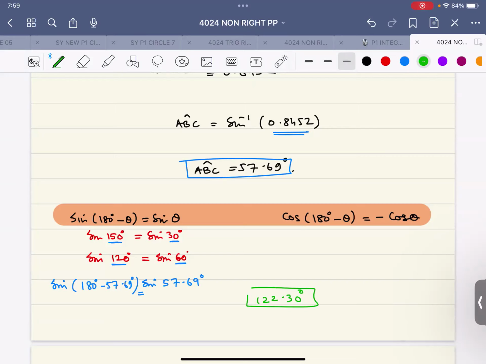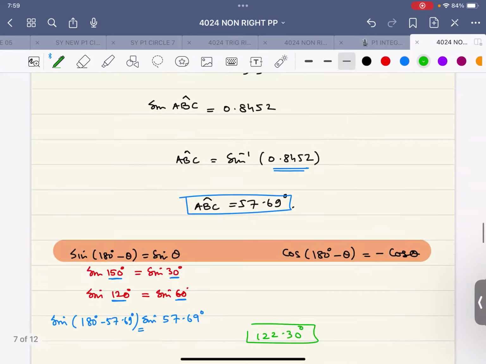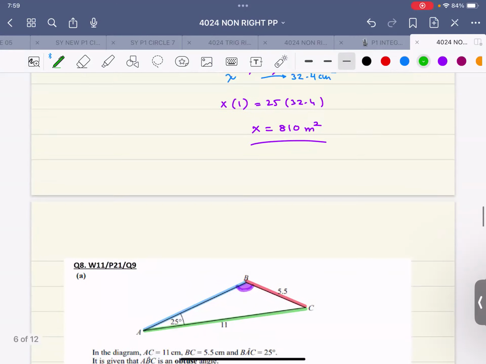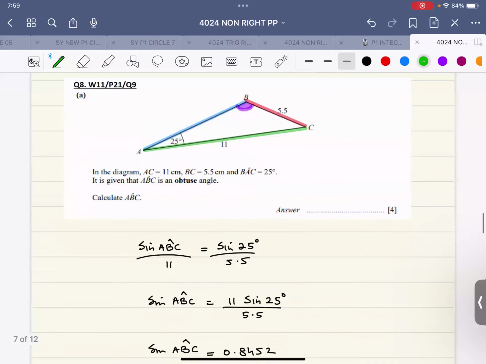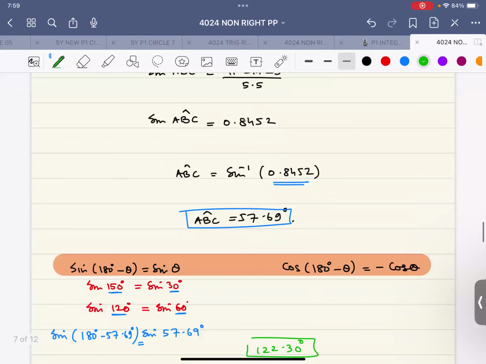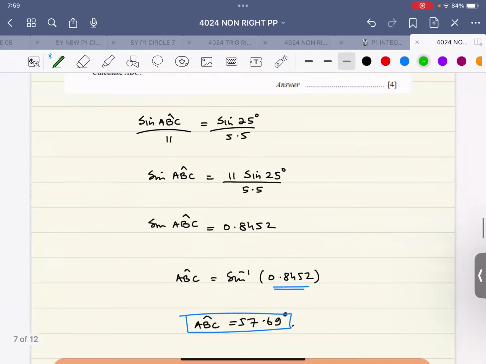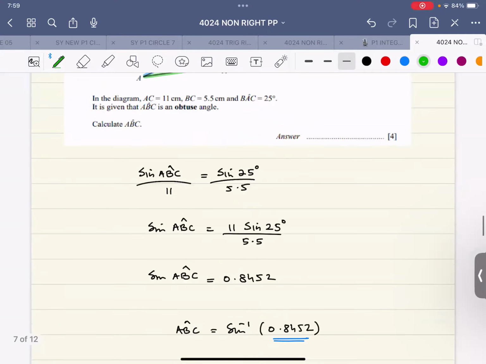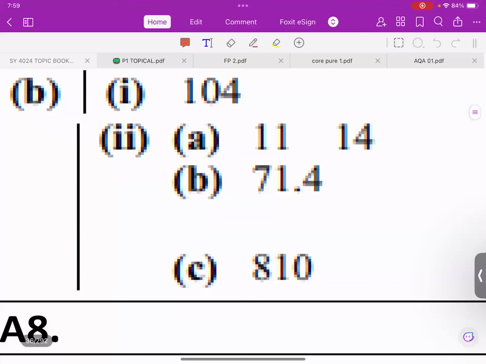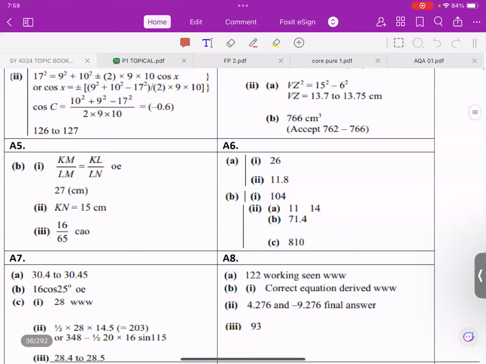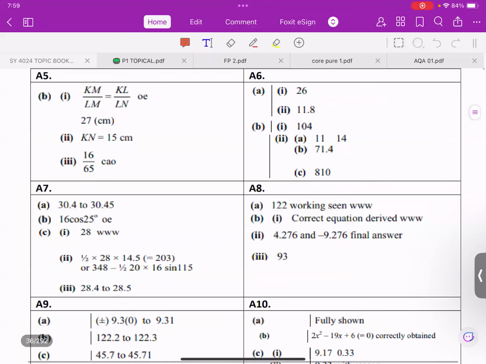That is the answer for this particular part. This is question number 8, 122.3. I'll write it down. Correct to 1 decimal place. So this is question 8, the first part, 122 degrees.